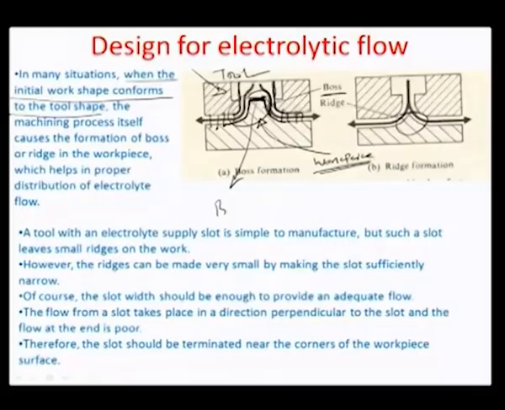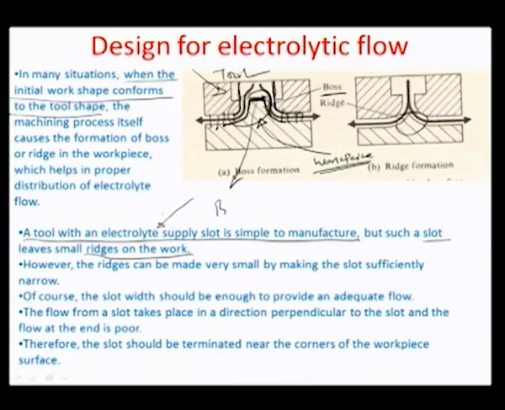So, a tool with an electrolyte supply slot is pretty simple to manufacture, but there is a downside: these ridges or bosses on the workpiece, when you talk about such concentric toolings with flows which are coming axially out of the tool surface itself.